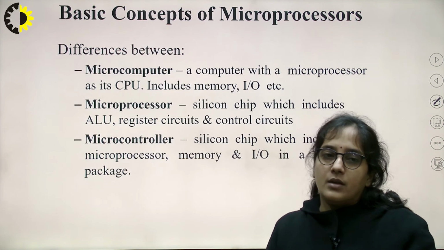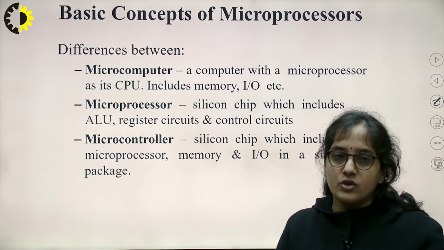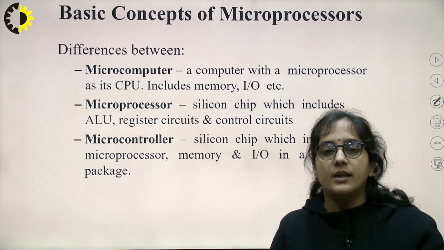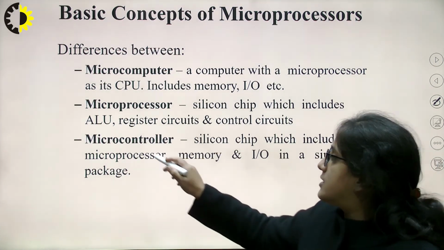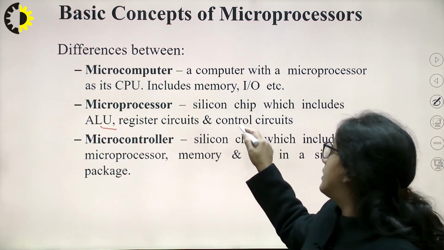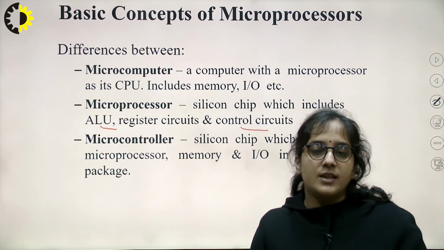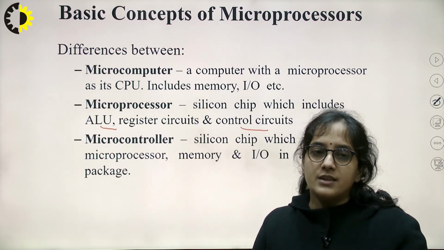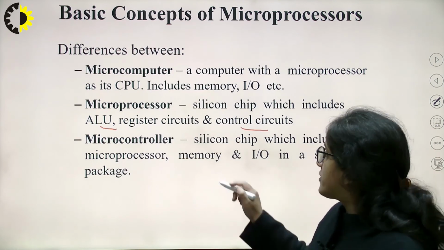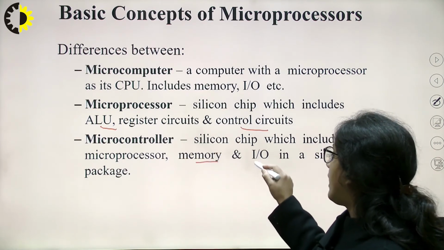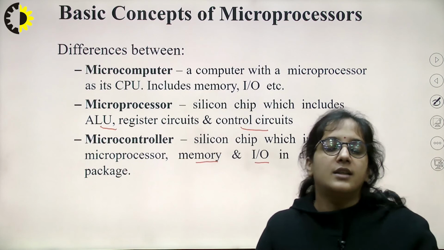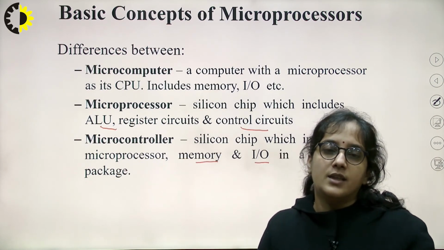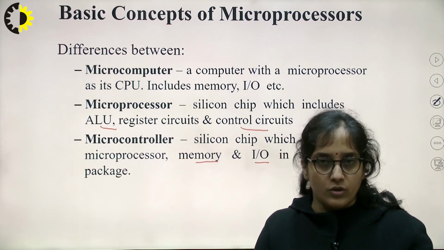The chip which consists of only a register array, ALU and control circuit, that silicon chip, is known as a microprocessor. And if that silicon chip itself consists of some memory unit and IO device, then that single silicon chip is known as a microcontroller.